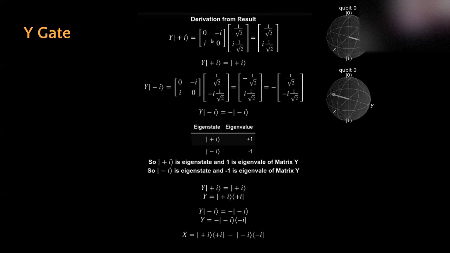So we don't really need to know the Y matrix because we're finding it. So these are the eigenvectors and the eigenvalues. And following the similar process, we ultimately get the expression for Y gate.